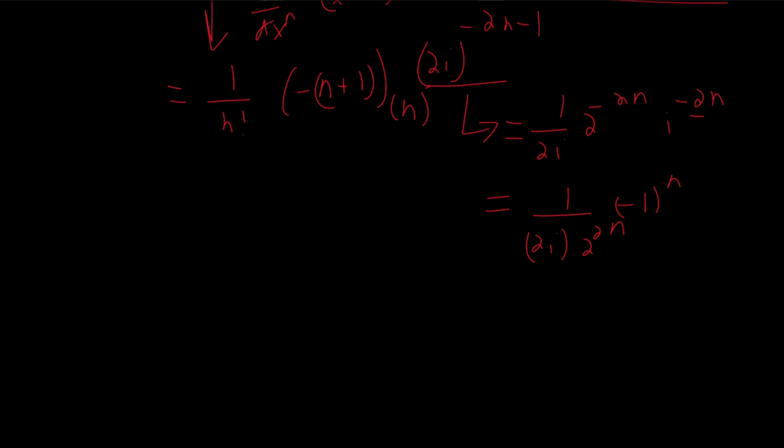So, putting this all together, we have our integral is equal to 2 pi i times 1 over n factorial times negative n plus 1 sub n, and then times 1 over 2i, 2 to the 2n, negative 1 to the n.